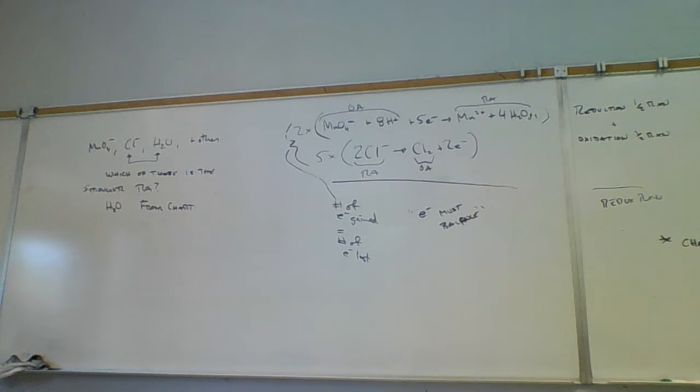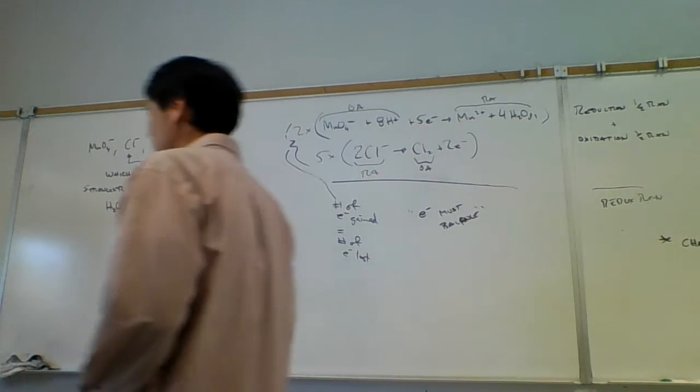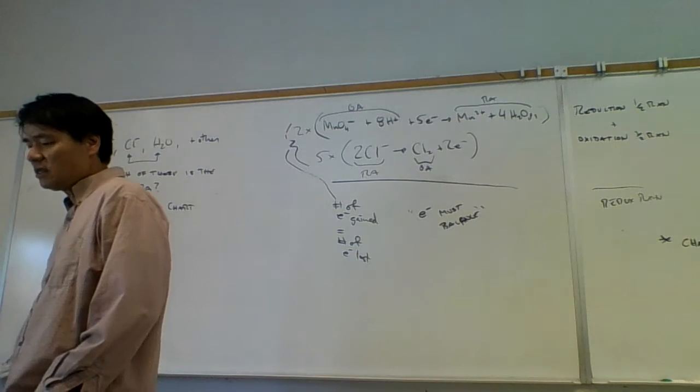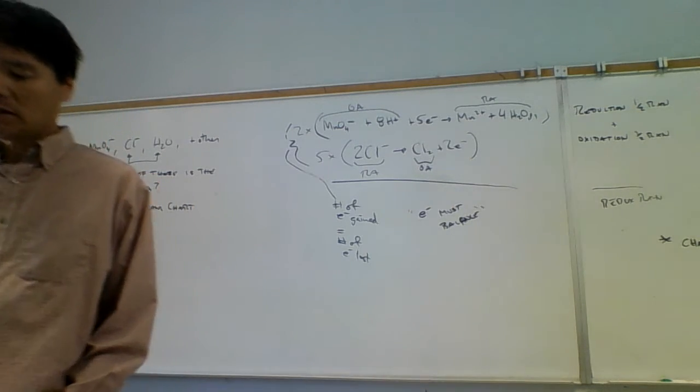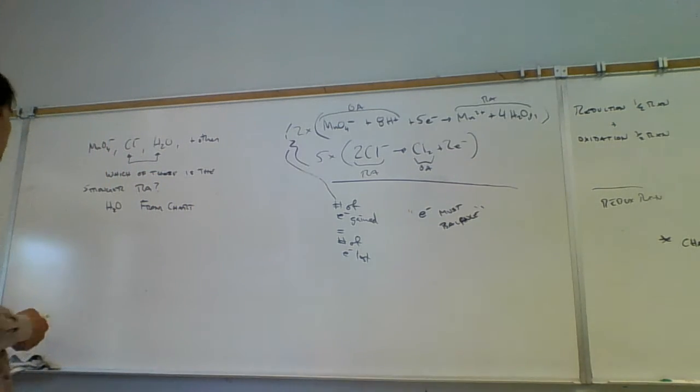So I expected this to be an oxygen generator, not a chlorine generator, because water is a more powerful reducing agent than chloride. But that's not what's observed. This is under standard conditions, and so this is the one exception you need to know.